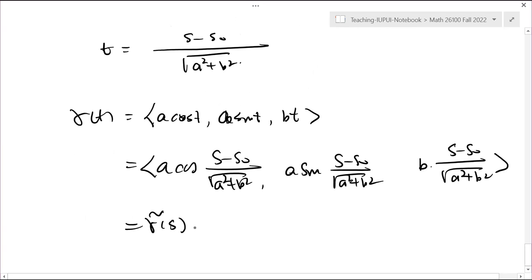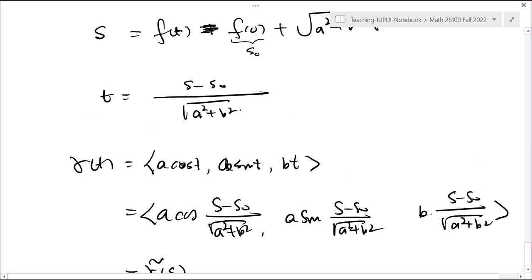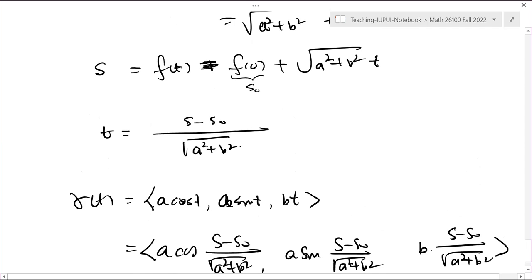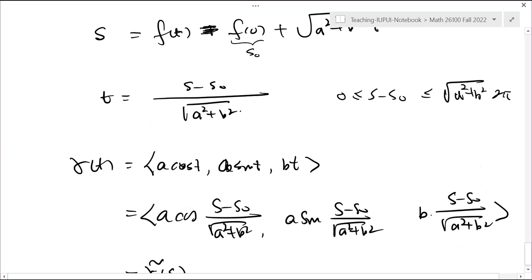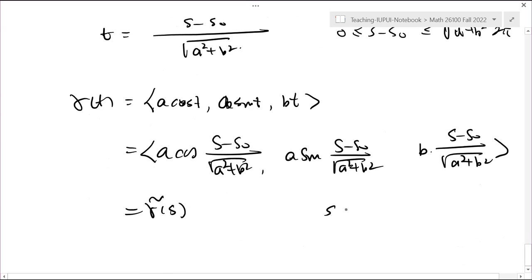It's a new function with a new parameter. What is the range for s? If you look at the picture here, s minus s naught is going to be greater than or equal to 0, less than or equal to the square root of a squared plus b squared, times 2 pi. So that is the range, the value for s.